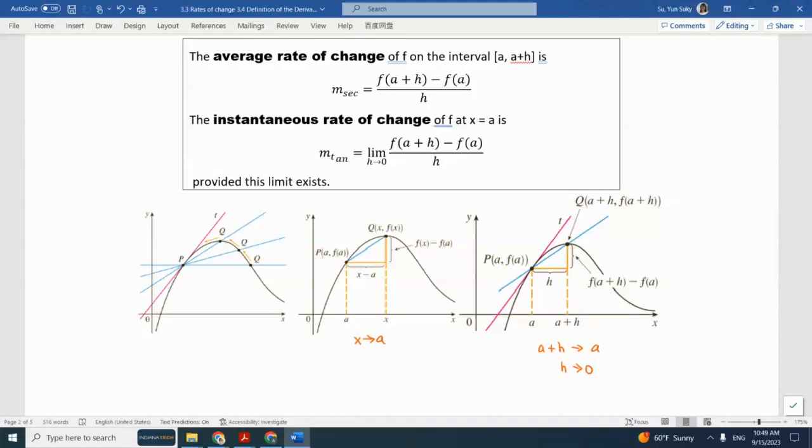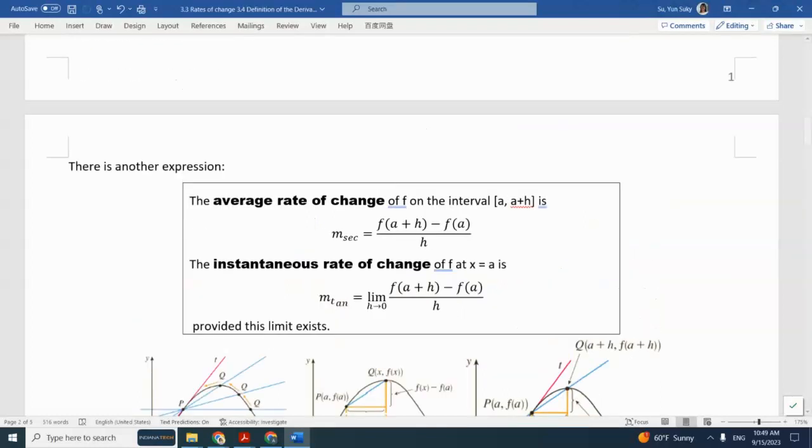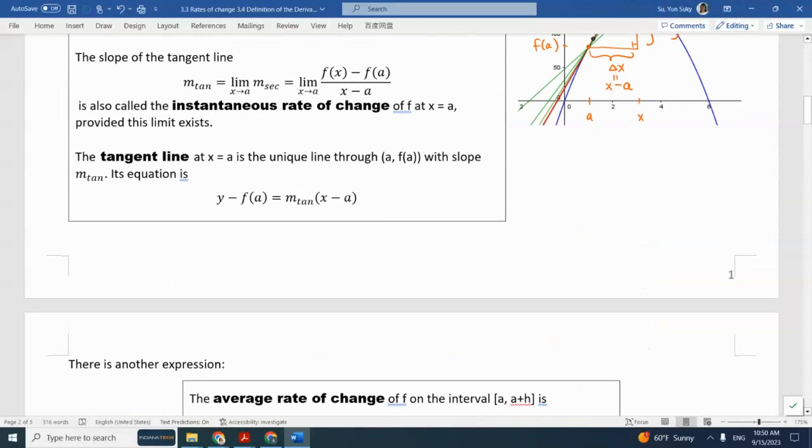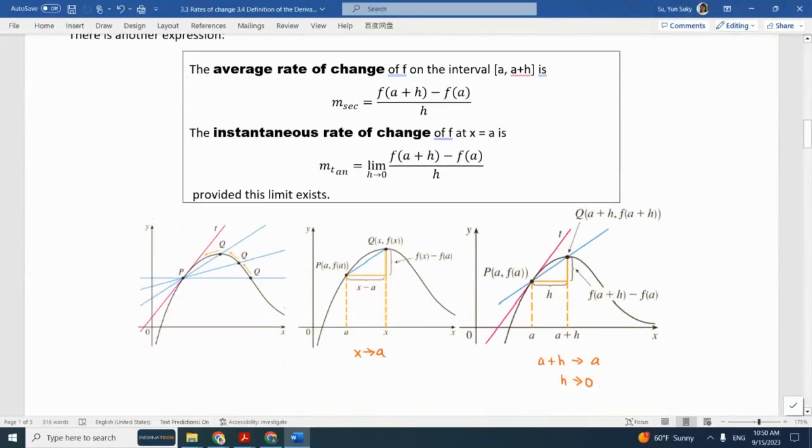The good thing about this formula is your denominator is always h. When I change to a different function or a different a, your denominator is always the same. But with the first picture, your denominator changes, because if your a is 1 or 2, the denominator changes. That's why we prefer the second formula.